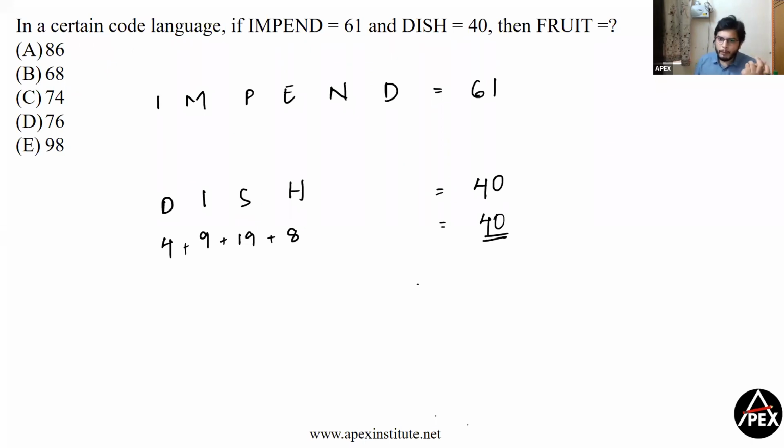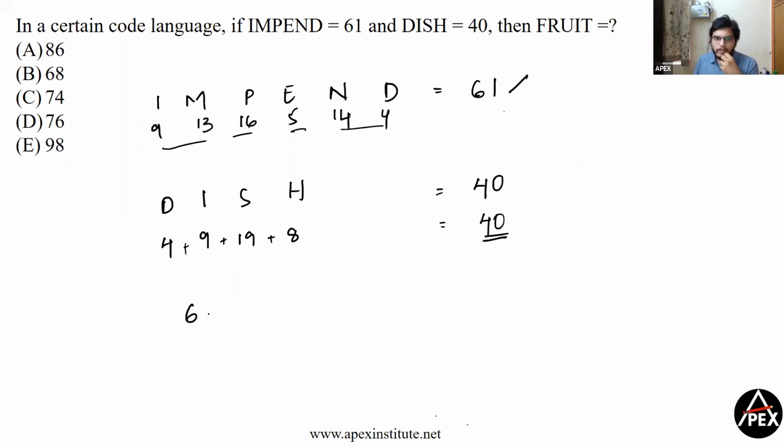Okay, now I will apply the same logic for impend and we'll see whether we are getting 61 or not. So this is 9, this is 13, P is 16, E is 5, N is 14, D is 4. Okay, so 22, 38, 38 plus 18 is 56, 56 plus 5 is 61. Perfect. So the same logic can be applied for fruit as well.